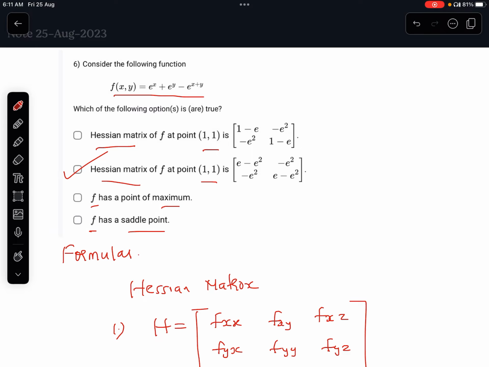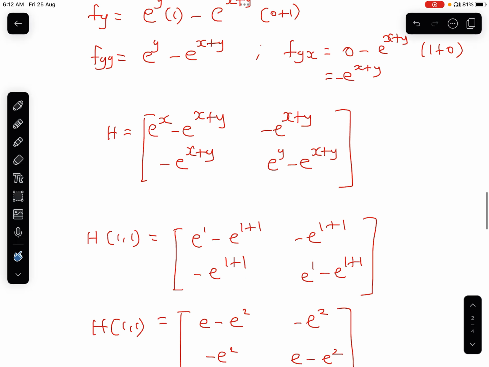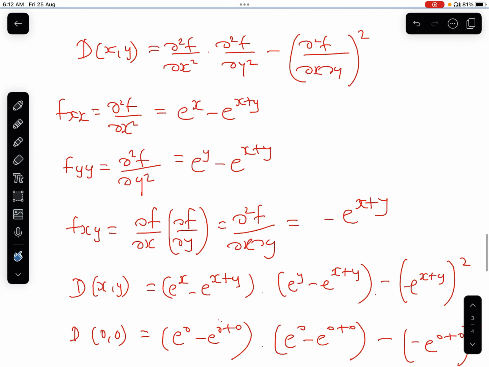Now solving for options 3 and 4. This is the formula for the discriminant. D of x comma y is dou square f by dou x square, which is nothing but fxx, and next is dou square f by dou y square, which is fyy, minus fxy, that is dou square f by dou x dou y, the whole square.